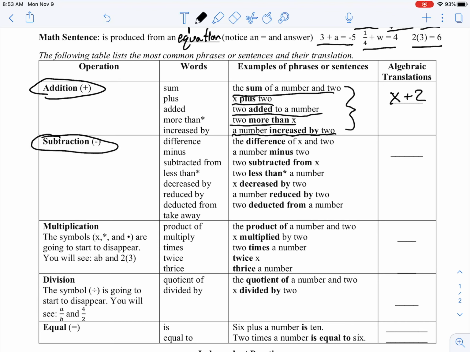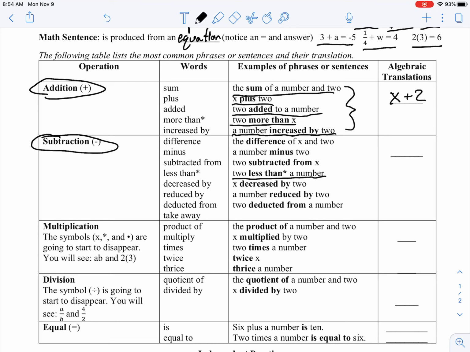Alright, now moving on to subtraction, we have difference, as in the difference of x and 2. Minus, as in a number minus 2, or some number x minus 2. Subtracted from, or 2 subtracted from x. Less than, or 2 less than a number.